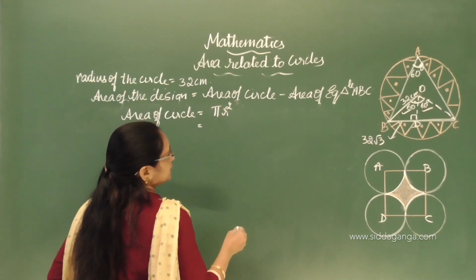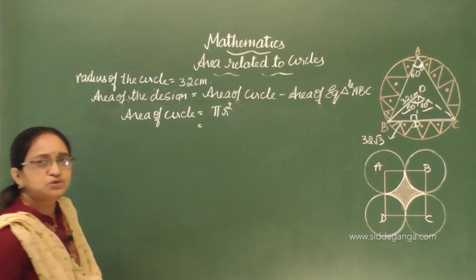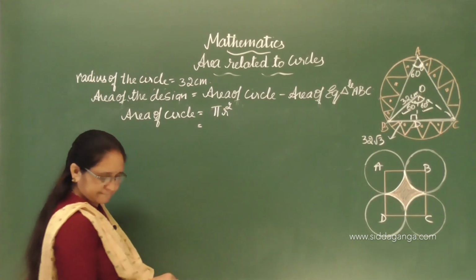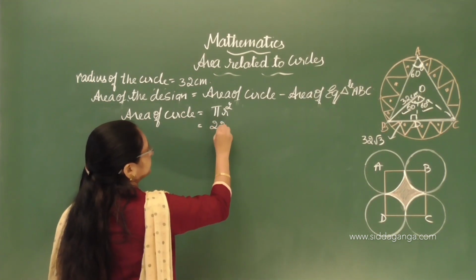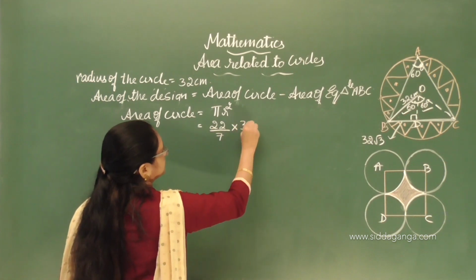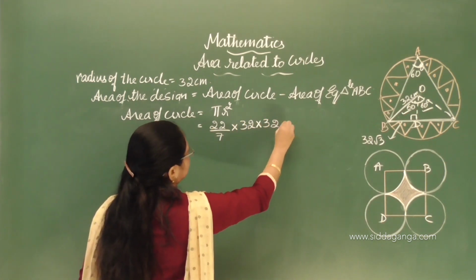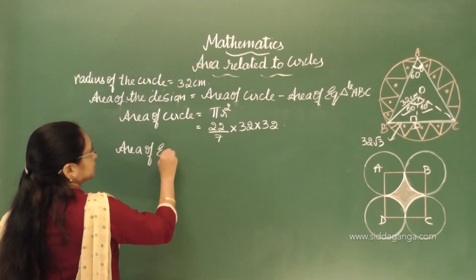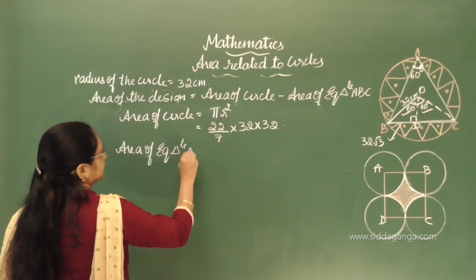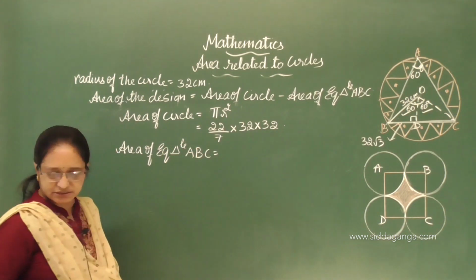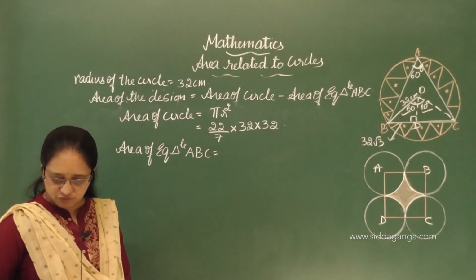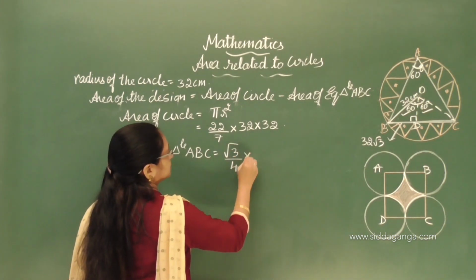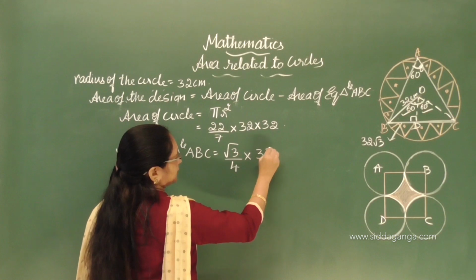So that is equal to pi r square. R square is 32 into 32, so let it be like that. Next, the area of equilateral triangle ABC is nothing but root 3 by 4 into A square, correct?